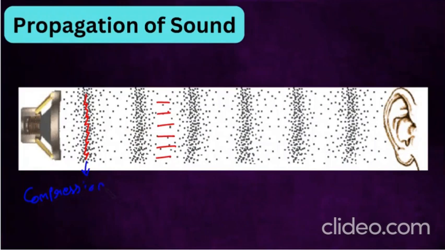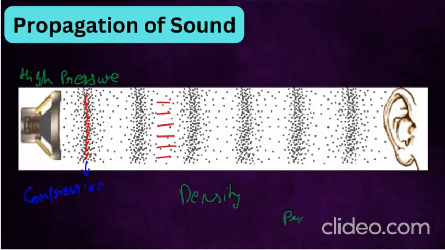Why compression? It is known as compression because it has high pressure, okay. There is high pressure in compression. And when there is high pressure, what about density? Density and pressure are related to each other.